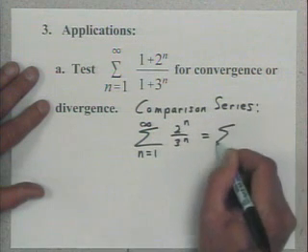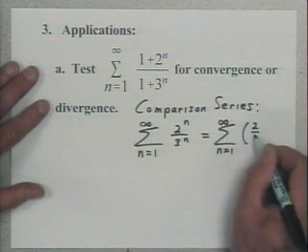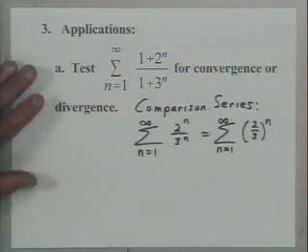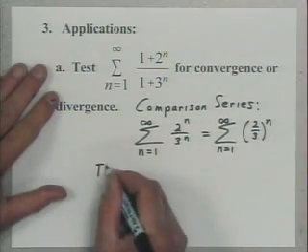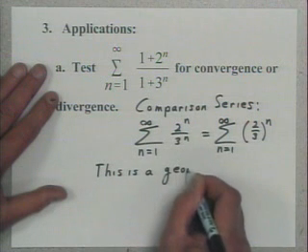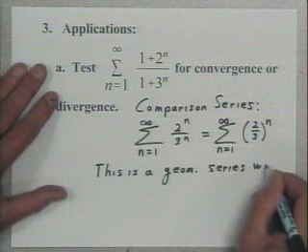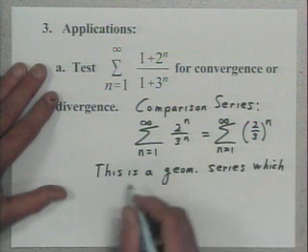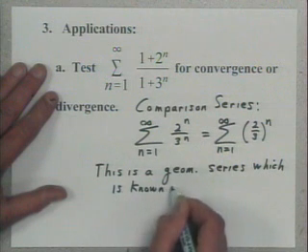And that's the same as the series n running from 1 to infinity of (2/3)^n. What kind of a series did I just construct there? This is a geometric series, which is known for what?